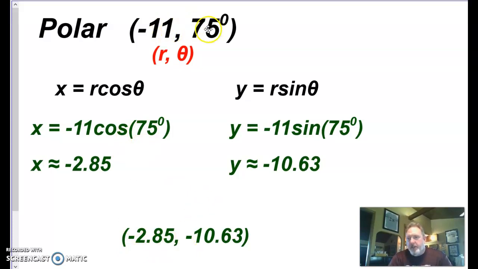So this point, if we were to go 75 degrees from 0 and 11 rings out, would be the same as this point, which is in the third quadrant. Why third quadrant? Because we have this negative r value. If you think about going up to 75 degrees, you're in the first quadrant, and then you have to go negative 11, which is 180 degrees back the other way. That's our last example for today. That will conclude part 1 for 9.3.